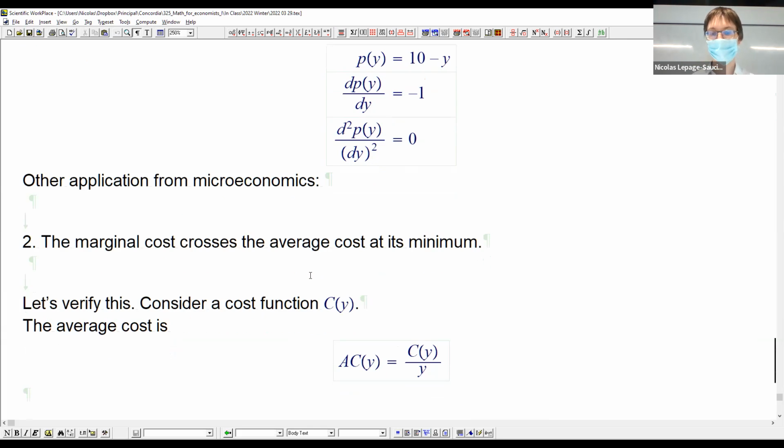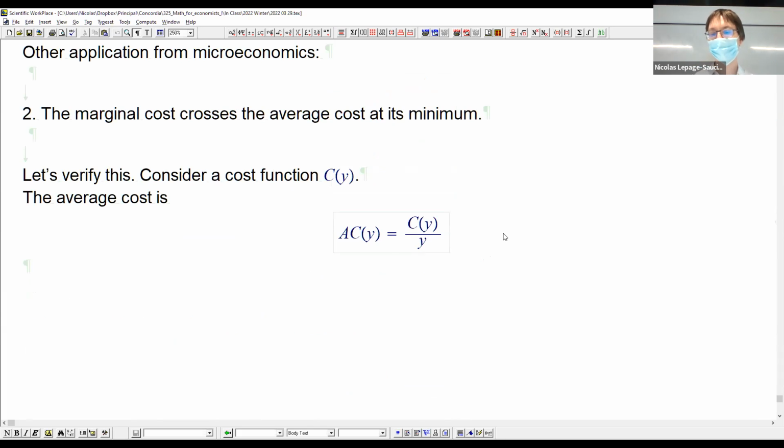So let's find out how do we find the minimum of this. So you can see if you have ideas of what we should do, or if you're unsure, then just ask.